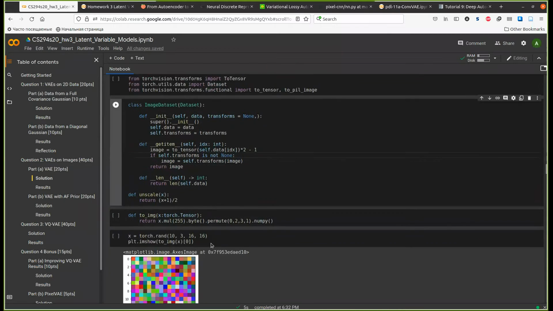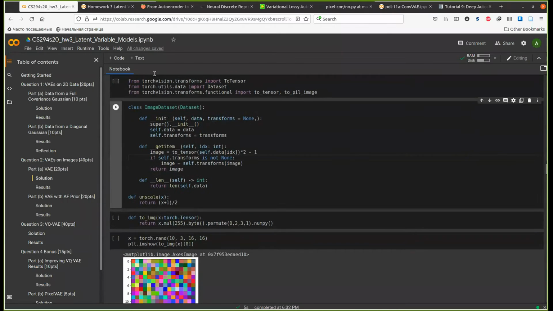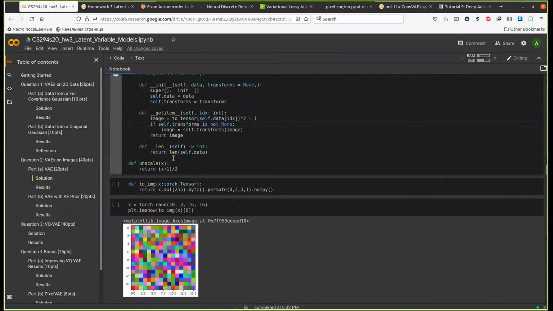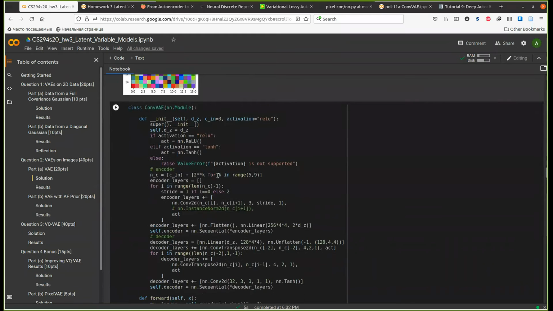That is our image dataset, and when we try to display images, we need to unscale those back, so there is a utility function to do that.